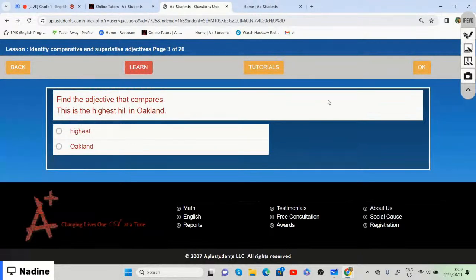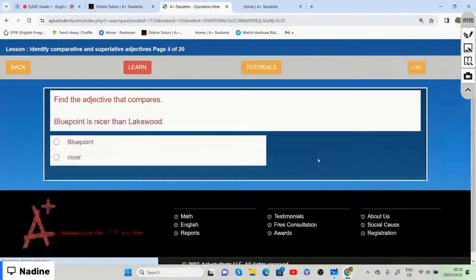So we can say highest. Then we need to find the adjective that compares.